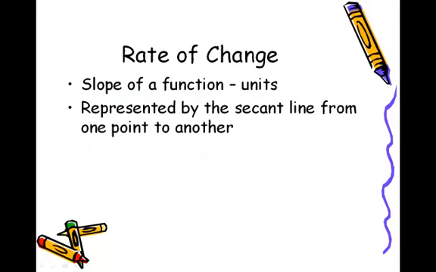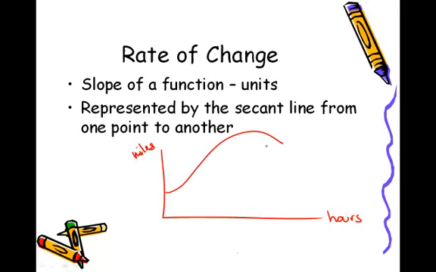Another way of looking at slope is discussing the fact that it is a rate of change. The slope of a function that has units can be considered not only a slope, but a rate of change. So for example, if I have a function that is represented by miles being compared to hours, and I want to find the rate of change from one point to another, we can use the secant line.